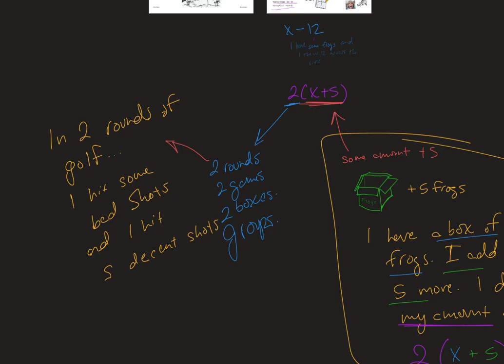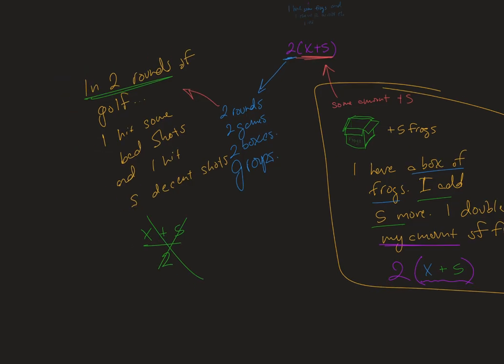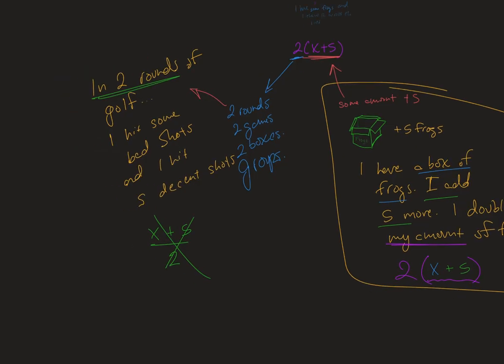Let's see. That does not work. Because here's what I just did. I said in 2 rounds of golf, I had some good shots. I had some bad shots and 5 decent shots. And that is divided over the course of 2 rounds. Well, that didn't work. And I didn't mean to do that, but that is an example of how these can be a little tricky, right? Especially when you start like this. So let's try it again.